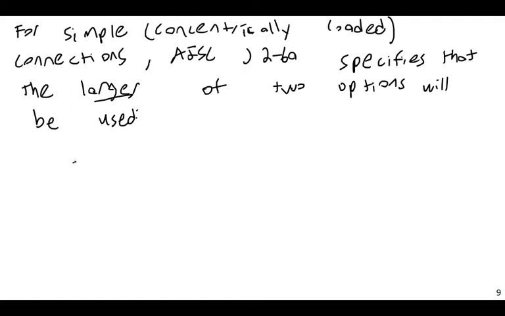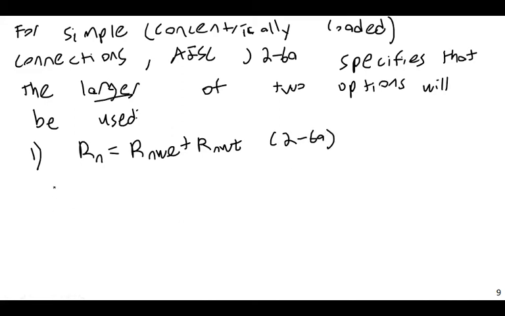And we have this, that Rn is equal to RWL plus RWT. And although they add an N to these terms in the code, RnWL plus RnWT, this is J2-6a or equation 1.